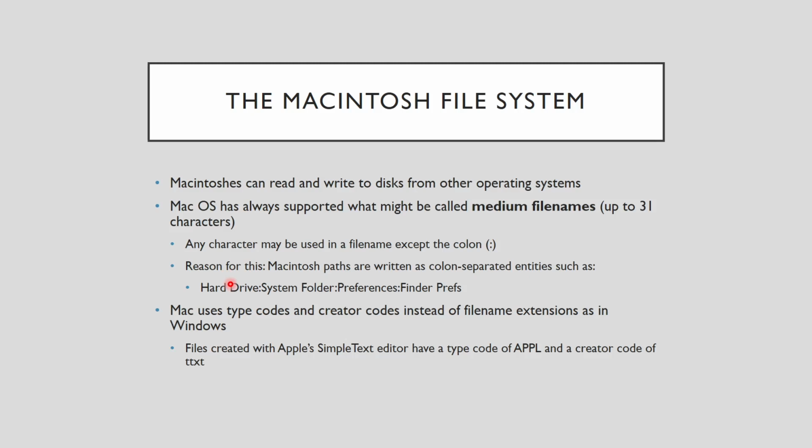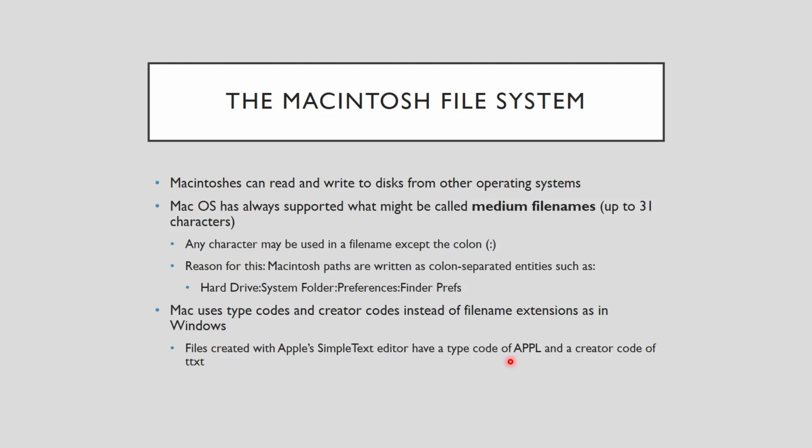Unix, Linux, and Windows operating systems use file name extensions such as .txt and .gif to identify file types. The Mac uses type codes and creator codes. As an example, files created with Apple's SimpleText editor have a type code of TEXT and a creator code of ttxt.